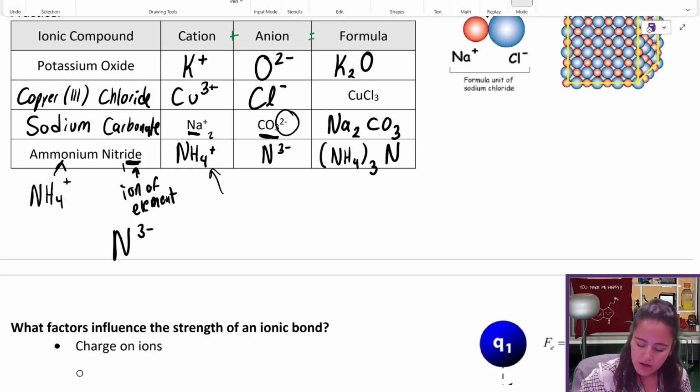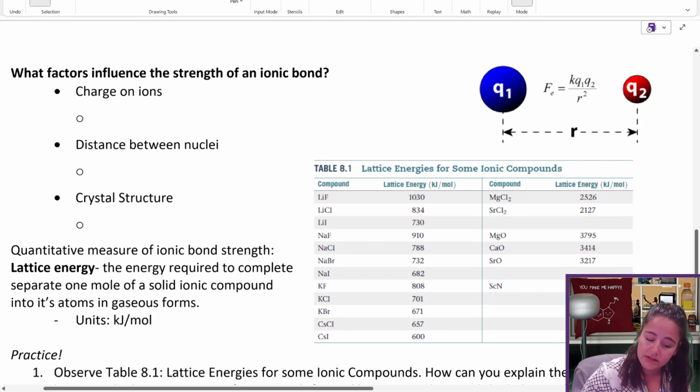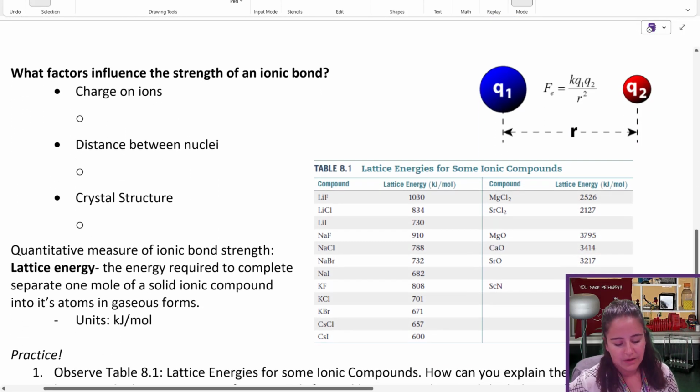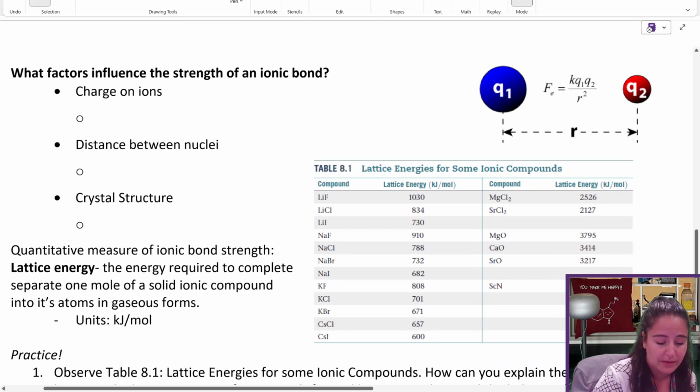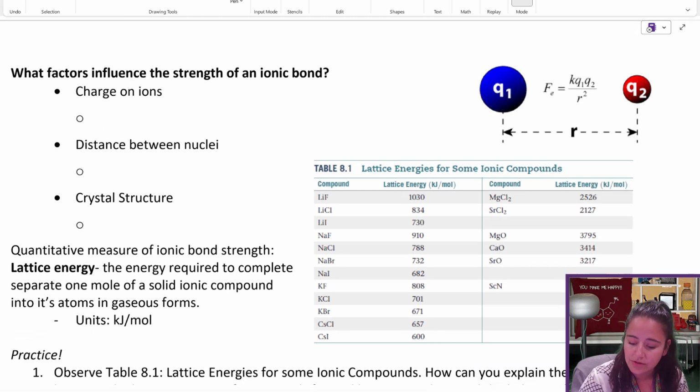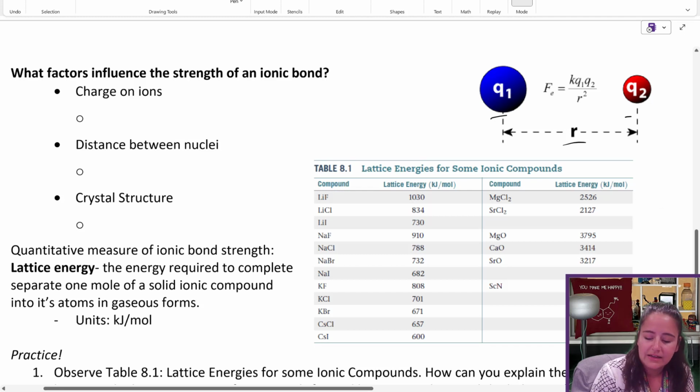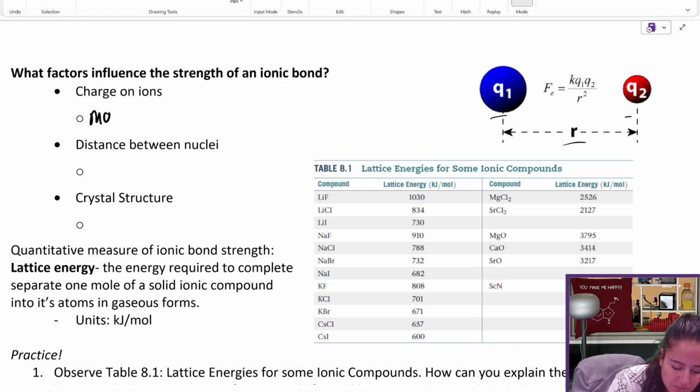Okay, cool. So what factors influence the strength of an ionic bond? Well, again, this all goes back to Coulomb's law. So this is Coulomb's law when we have 2 charges that attract each other at some distance. If you have more charge, you have more force.